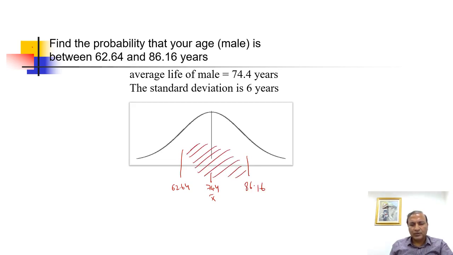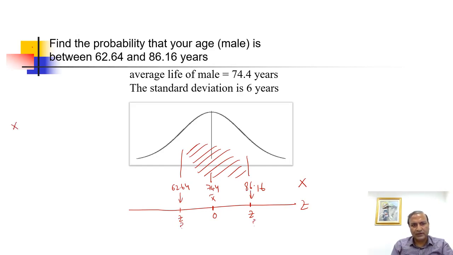Okay, so remember the first step is to convert this x variable into z variable. In the middle of the z we have 0, and here we have the z upper value, and here the z value for 62.64 and for 86.16. So we have to find these numbers for z. So how do we convert them into z?